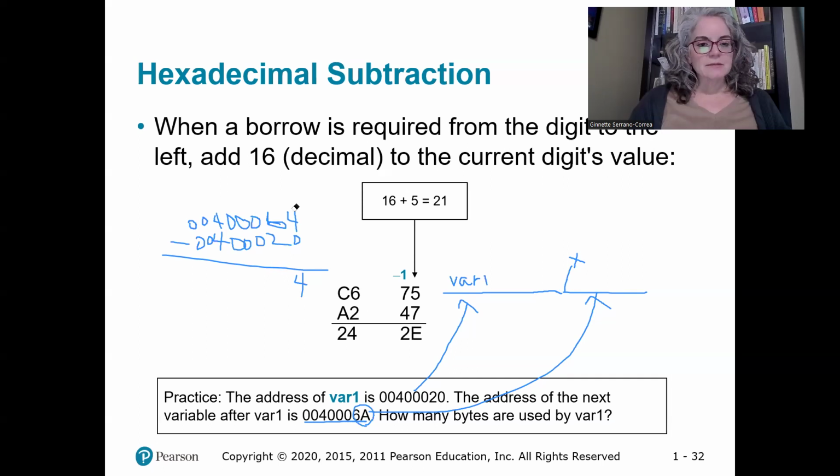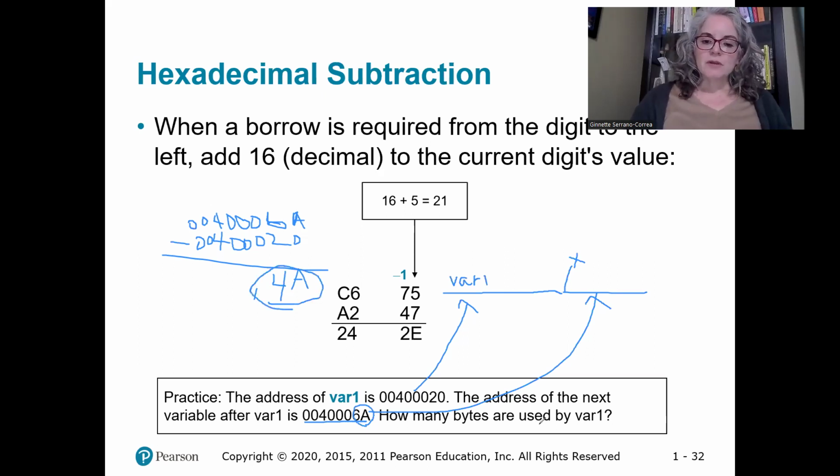Okay, so this is an A. All right, so A minus 0 is A. 6 minus 2 is 4. This is going to be 0. This will be 0, 0. This will be 0, 0, 0. So I'm not going to do all the zeros. So our number that we have is 4A.